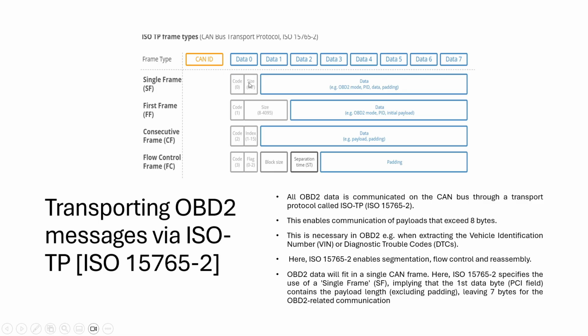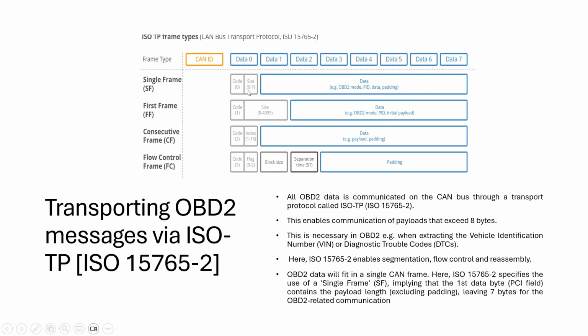You can see that the first 8 bits are used to indicate the code and the size of the payload. The code 0 indicates single frame format, and the size could be 0 to 7 bytes.